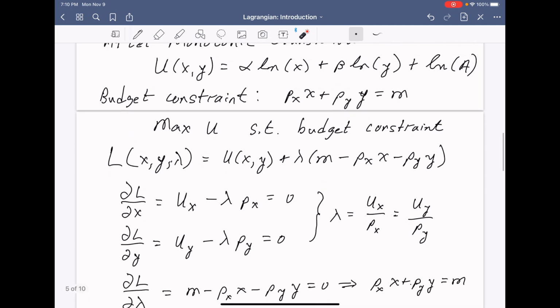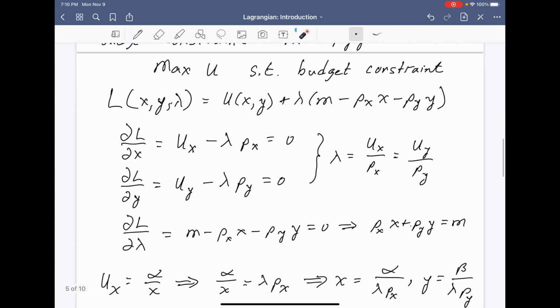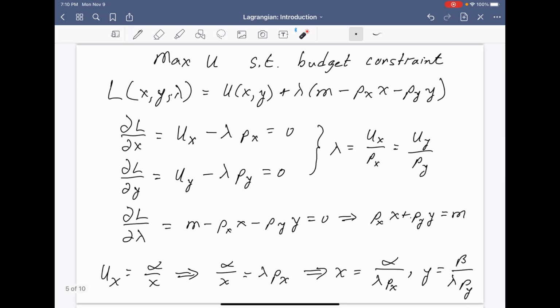And the same thing, the marginal utility of y is beta over y. So keep that in mind. And when we take the partial of the Lagrangian with respect to lambda, we end up with our budget constraint again.